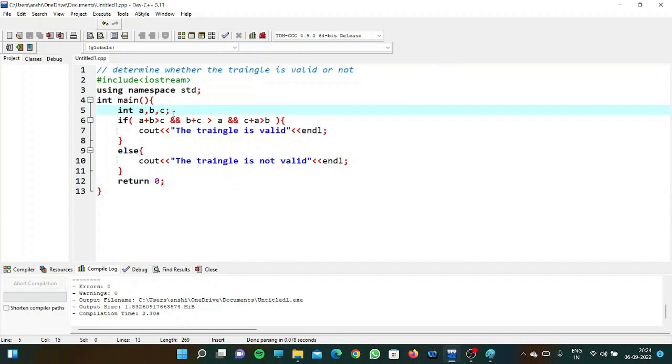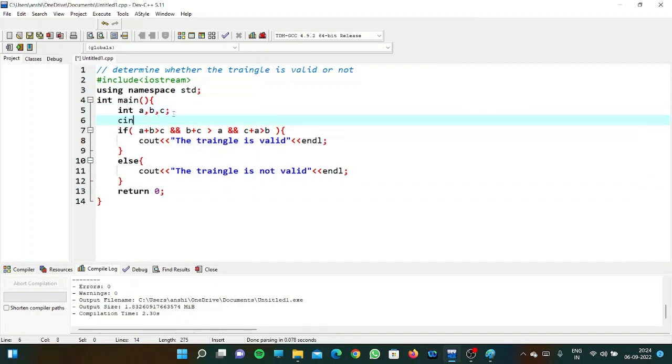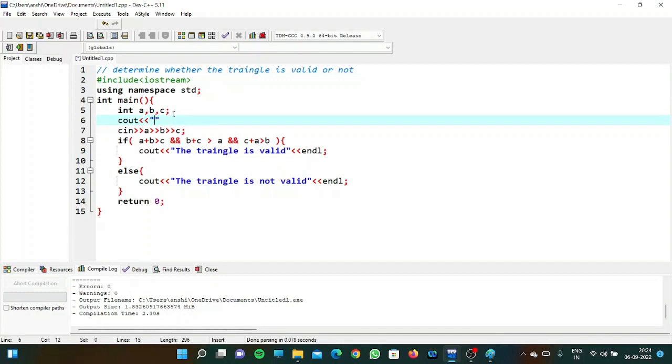See, what we did wrong here was that we didn't add the cin statement, the most important statement, because we want to take input from our user. So just cout input the three sides of the triangle.